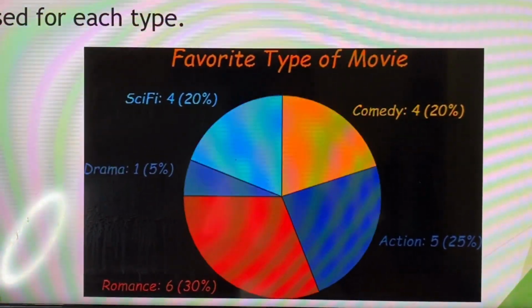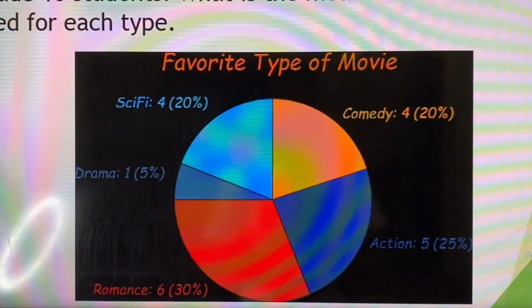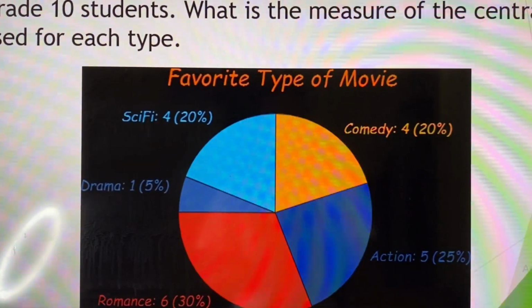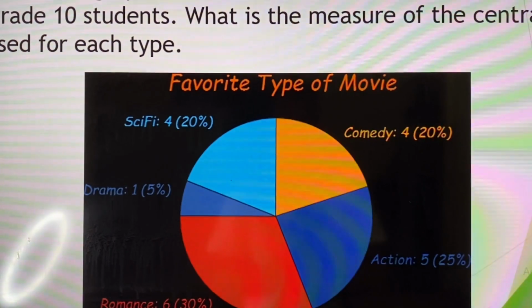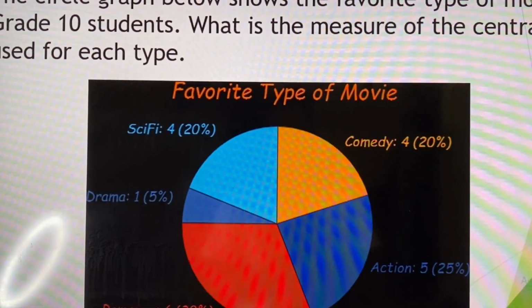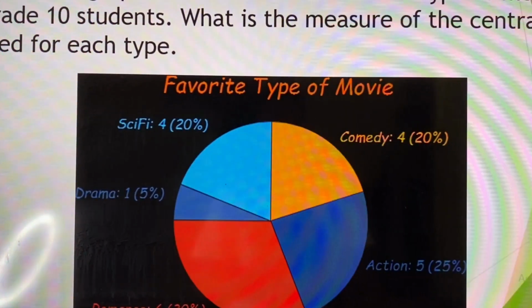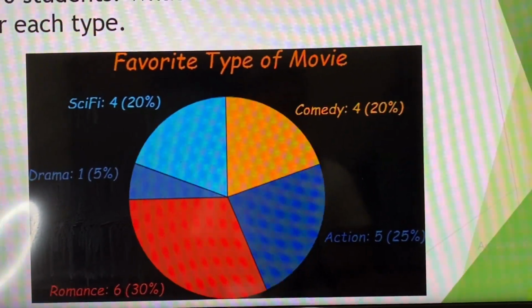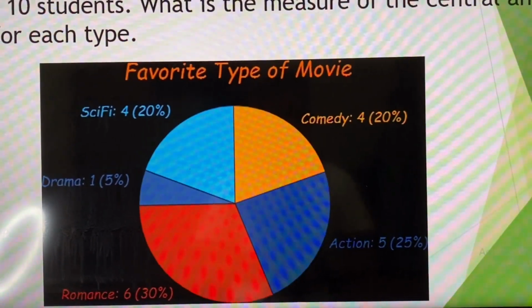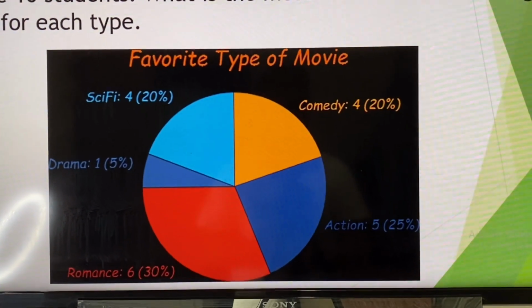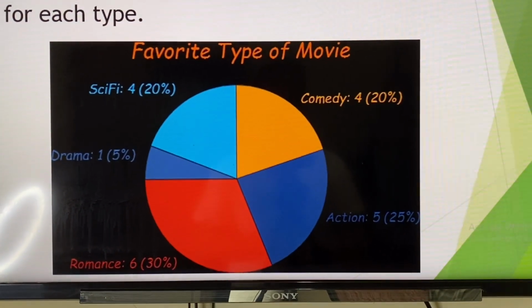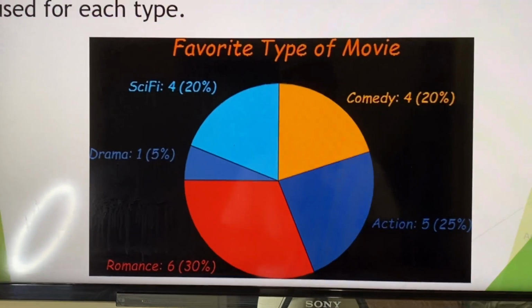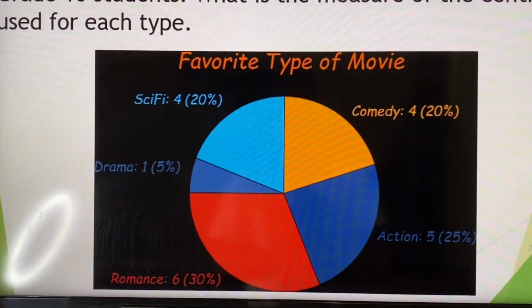So let's start with the drama, equivalent to 5%. Then sci-fi, 20%. Then for comedy, 20%. And for the action, 25%. And for the romance, 30%.